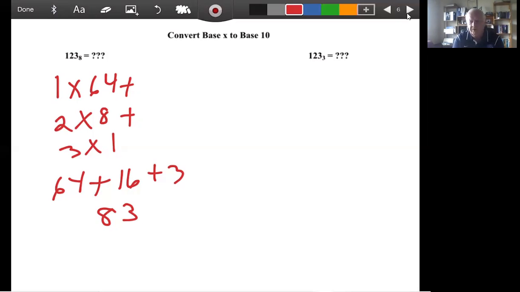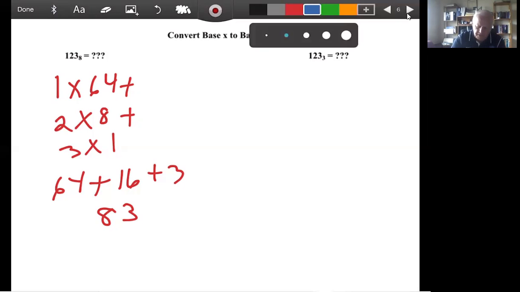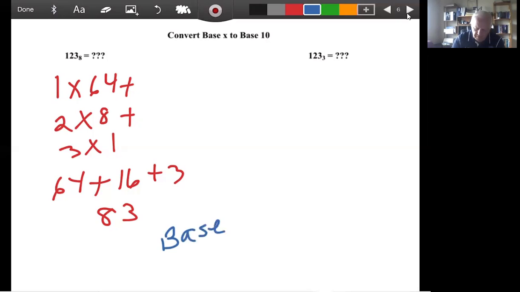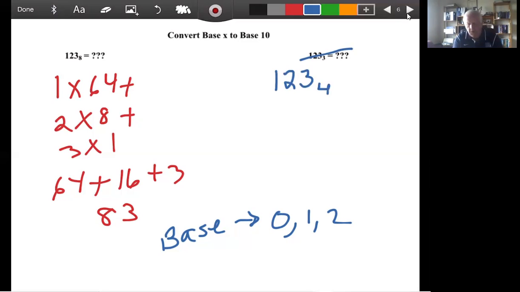And if you look over at 1, 2, 3 base 3, you will see that that can't be, because there are no 3s in base 3. The digits in base 3 only have 0, 1, and 2. So that cannot be a legal problem because there is no 3 in base 3. So I'm going to change that, if you'll let me, to 1, 2, 3 base 4. That'll make a little bit more sense.